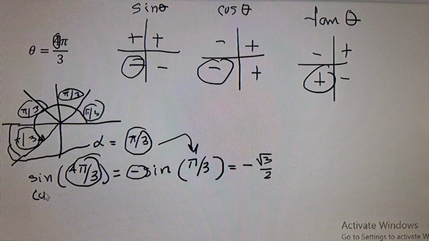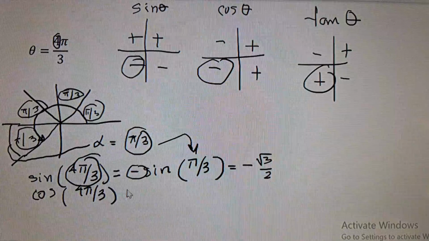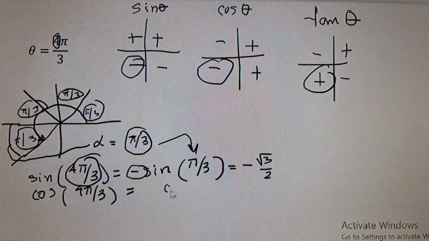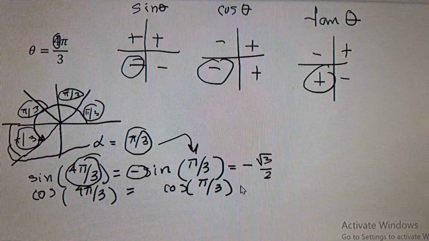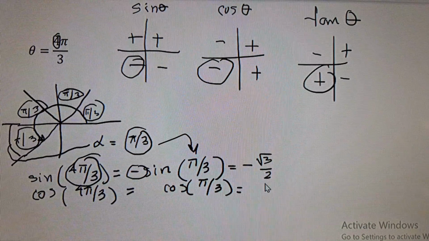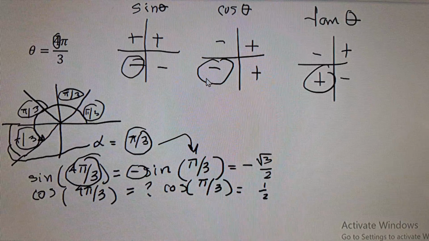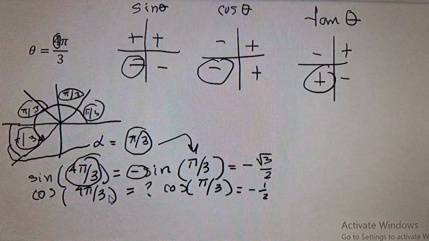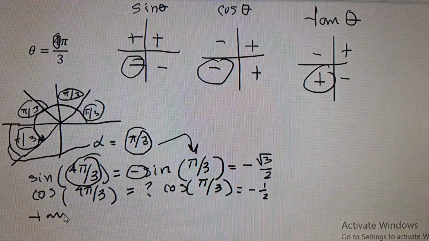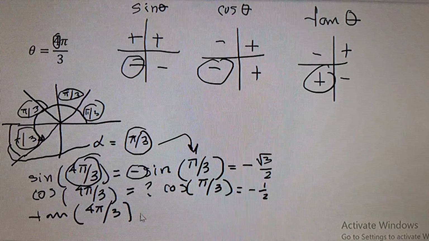How about the cosine of 4 pi over 3? It's going to be equal to the cosine of pi over 3, and it's going to be equal to 1/2. Well, what is the sign? Once again, we are here. It's going to be negative. About the tangent, same thing all over the place.